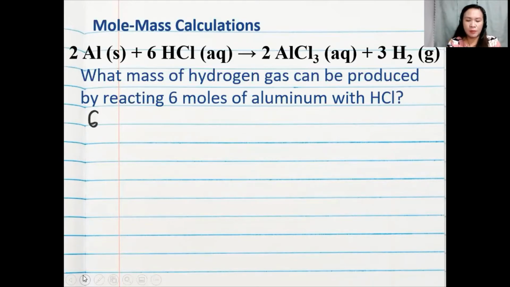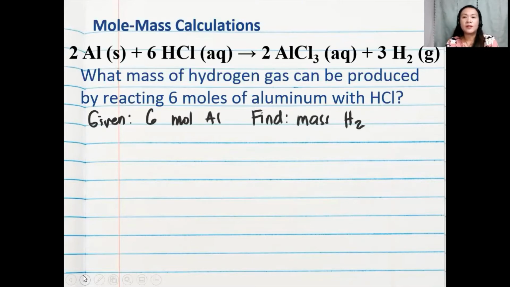So for this problem, we are given 6 moles of aluminum, and we need to find the mass of hydrogen gas.